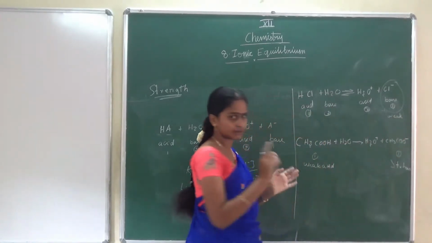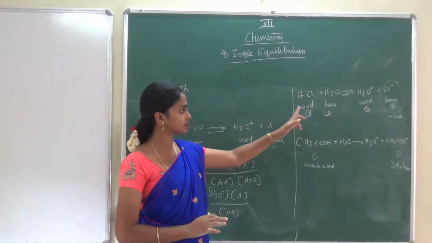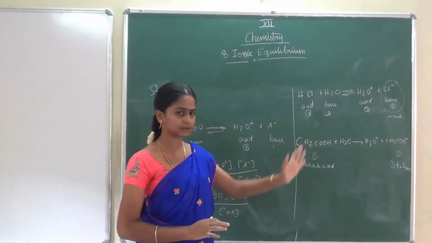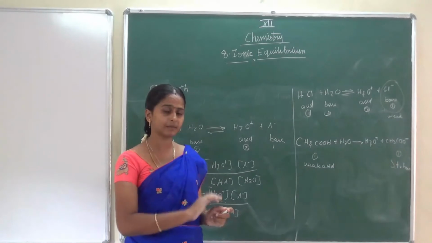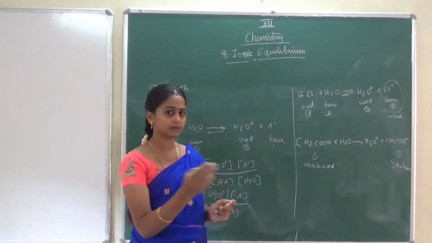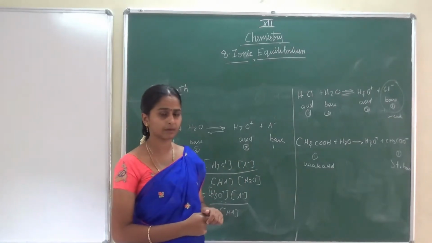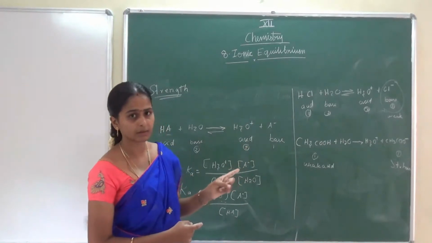Just opposite, remember. Very simple. Strong acid, so the conjugate base is a weak base. Weak acid, so the conjugate base is a strong base. That's all. We are going to use the same concept one more time after two or three topics, so you must remember this one.